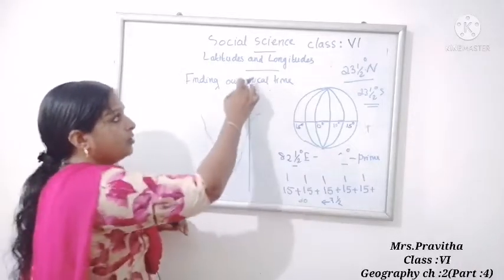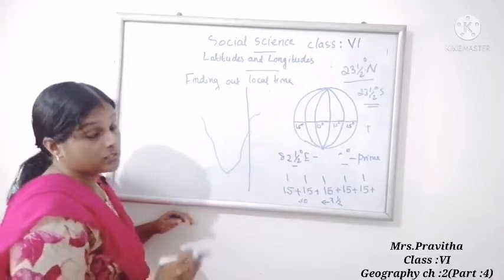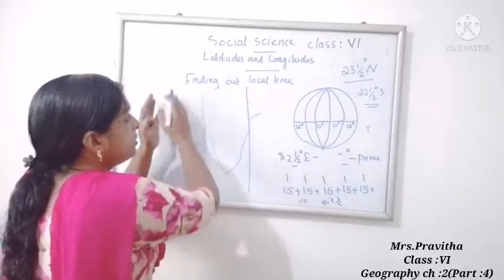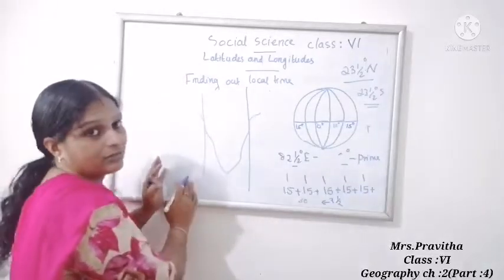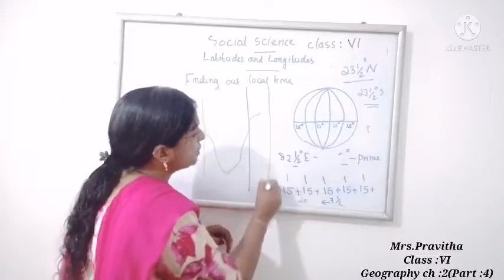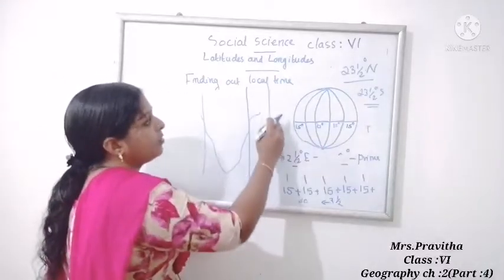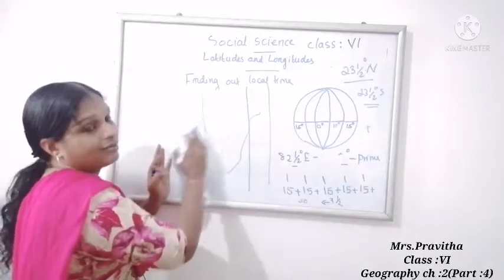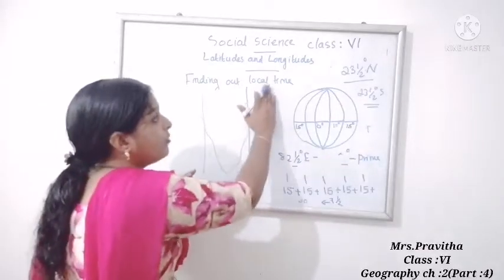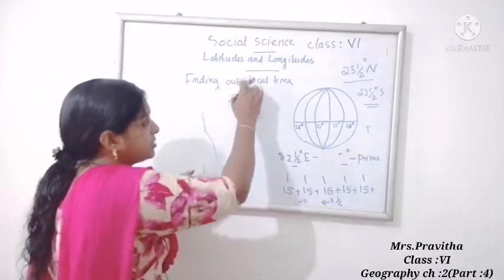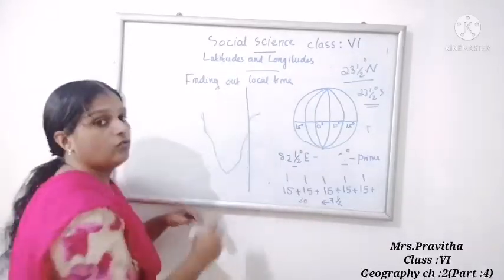If one longitude is taken from this portion, only this portion will be covered for that time. If taking from this area only, your time calculation will be difficult. So to avoid such confusion, one longitude is taken which passes through almost the central part of India.